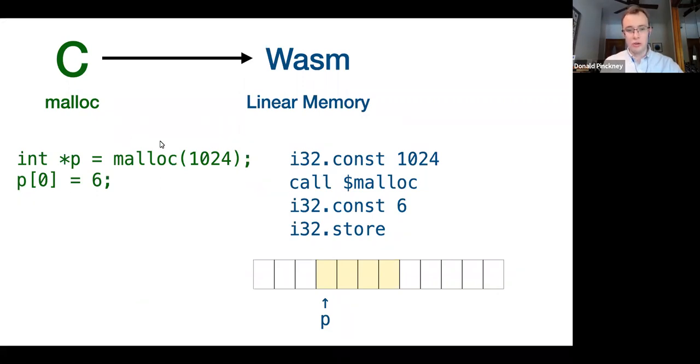Instead, you have to use the linear memory feature of WebAssembly. Linear memory is a huge chunk of byte-addressable memory, which is bounds checked, and you can do whatever you want with it, including implementing a memory allocator like malloc, which you can easily implement to just return an index into this linear memory table. And then WebAssembly gives you store and load instructions to read and write from that table.